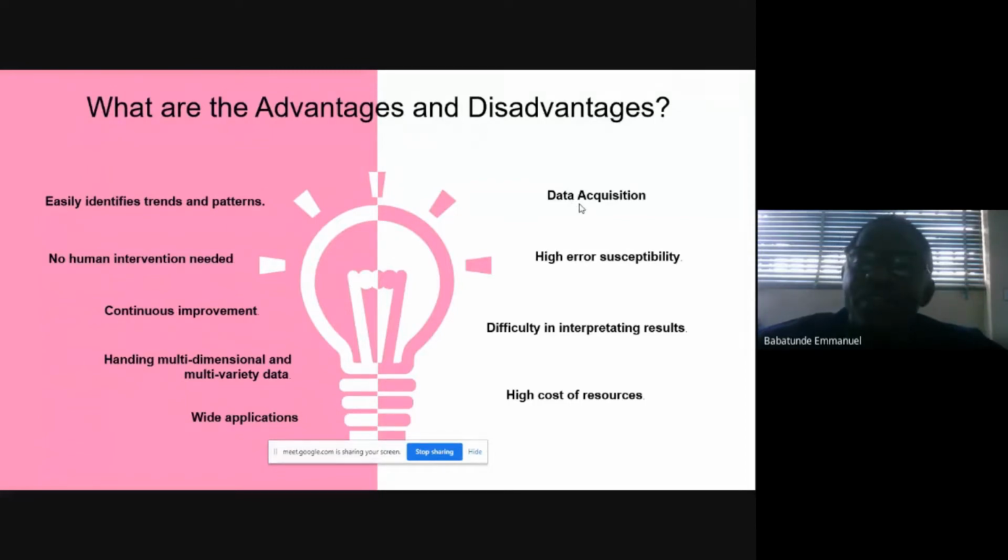Because human intervention is involved in the process of data characterization, there is high error susceptibility. Now, also, there could be difficulty in interpreting results. And because it is data-driven and you require a huge quantity of data, the computation cost is also very high. So it involves the use of high computation resources.